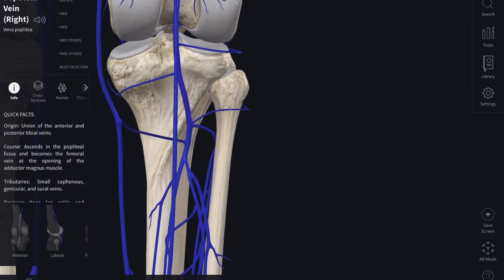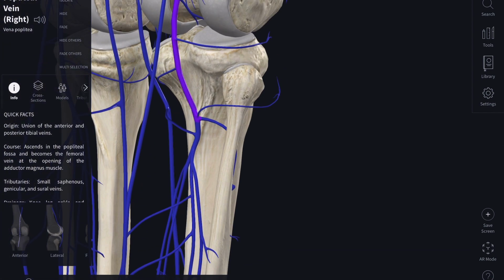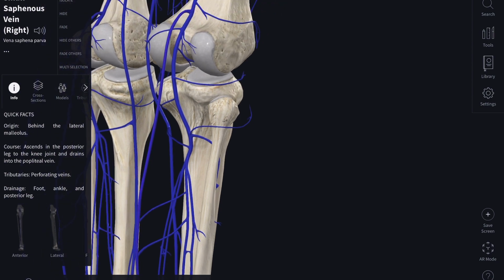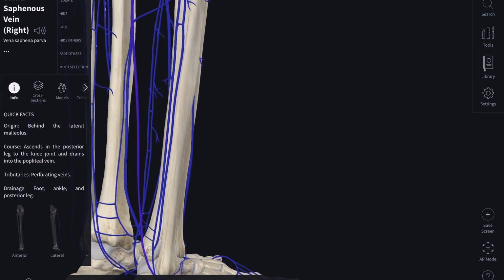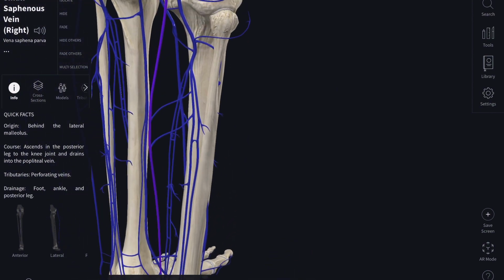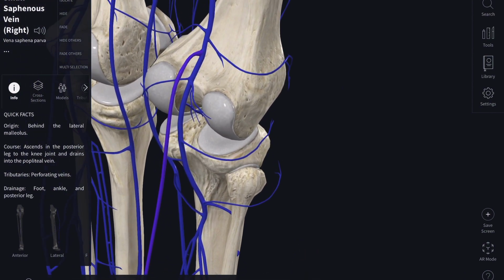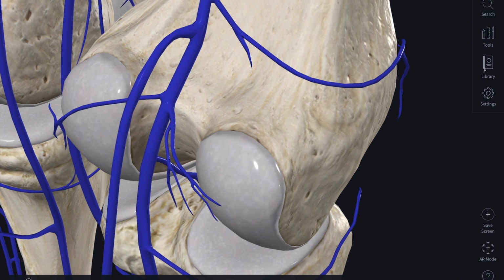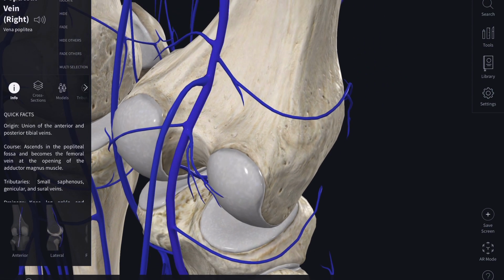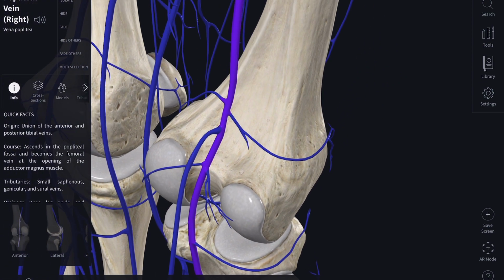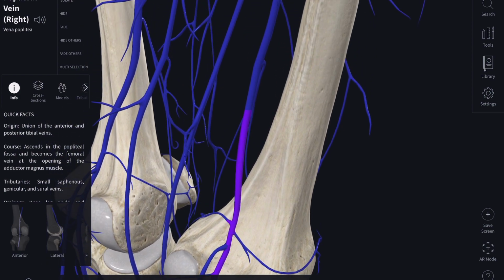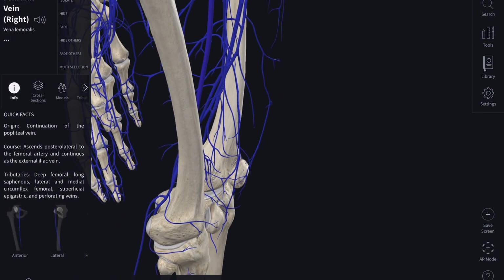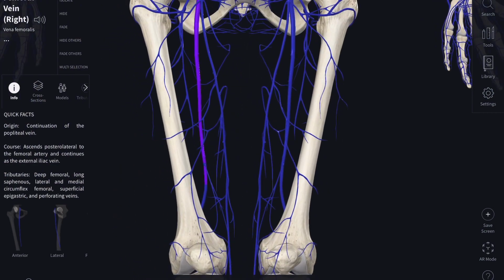Those three deep veins, in addition to the superficial vein, the one right in front of us that extended from the lateral side of the foot, are going to empty into this popliteal vein. The popliteal vein is a deep vein, and it is itself going to empty into another deep vein that almost lies anteriorly, which is the femoral vein.